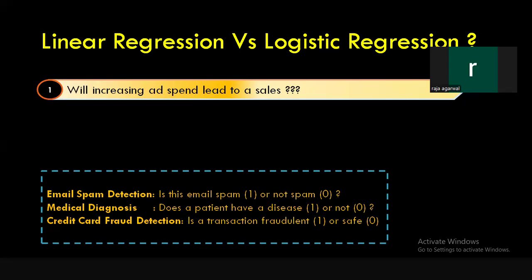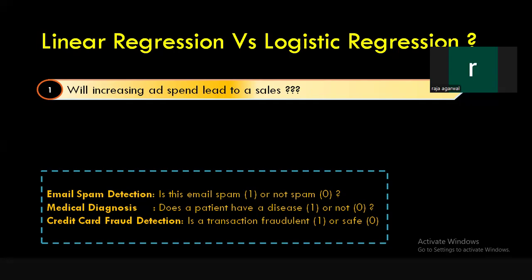What if I ask you, will increasing ad spend lead to sales? Here we are particular about the sales, how much money you have to spend in order to achieve a target sales. So you are predicting the sales, which is a continuous number, and in that case a linear regression algorithm is used.